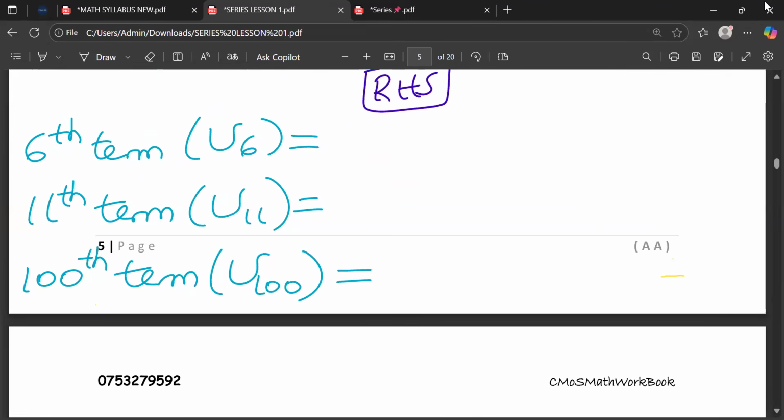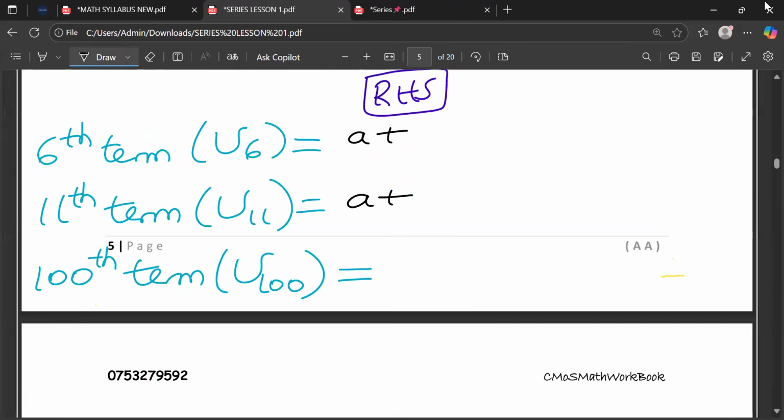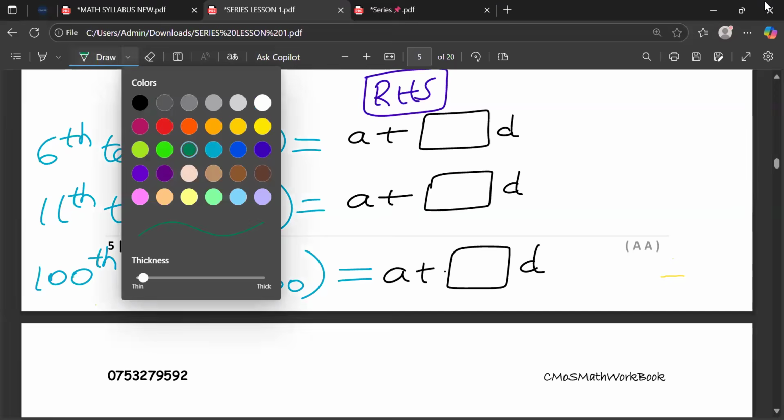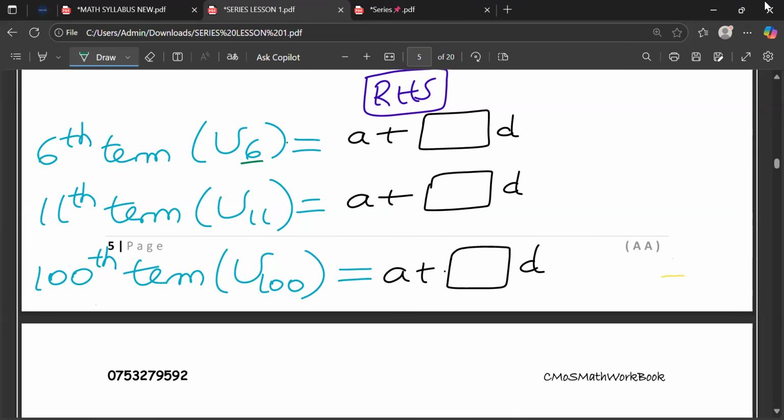that A is a constant. The problem is with this. We have all accepted that the D's throughout. Then you have also realized that if this is 6, this should be one less.